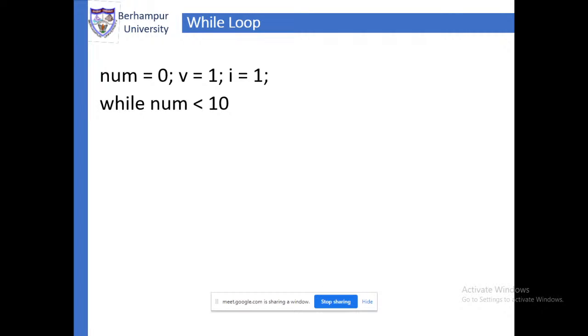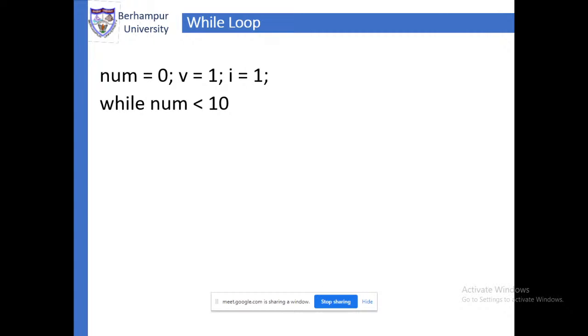So it will not be visible in the command window. num is equal to 0 will not be visible in the command window. That is the first thing. Second is, it says that your statement has ended and you can start a new statement there. Therefore, we have started a new statement, v is equal to 1 semicolon. Then we have started another new statement, i is equal to 1 semicolon.